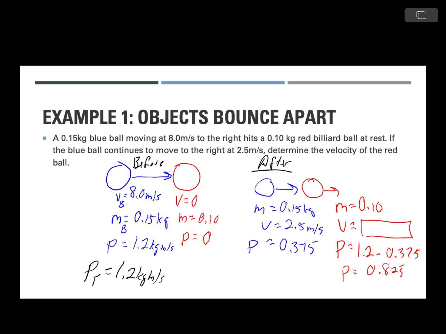How to find the V? Well, the V is equal to the momentum divided by the mass. So this value for the momentum divided by this mass should be 8.25 meters per second. And there we go. So that's all well and good.